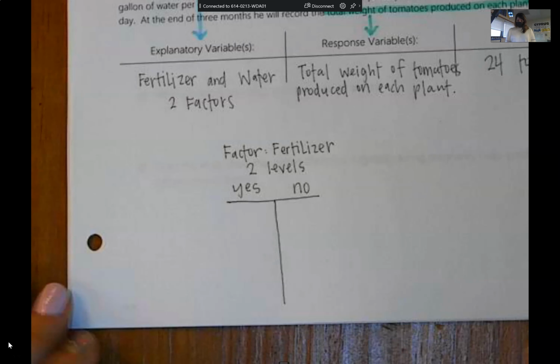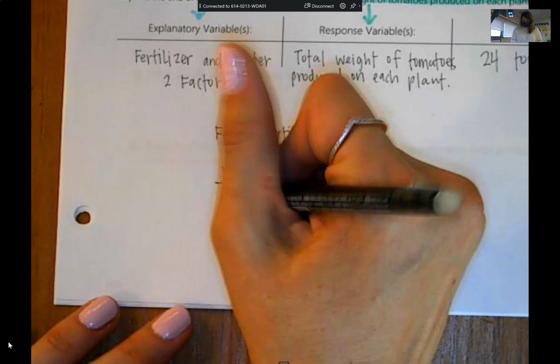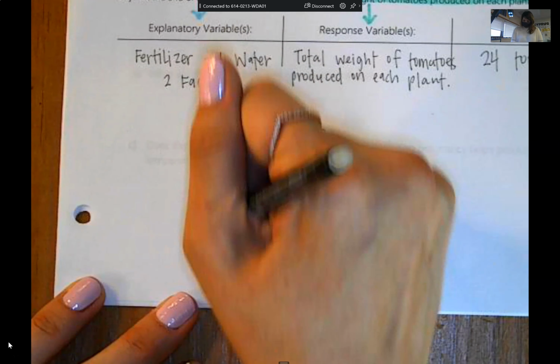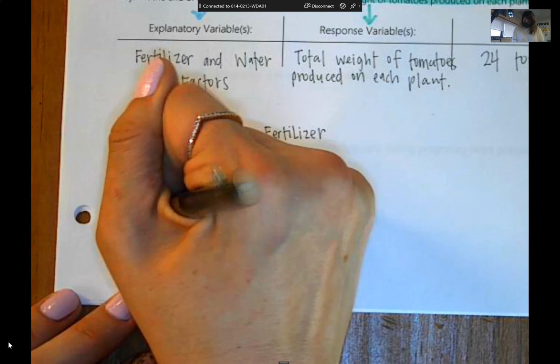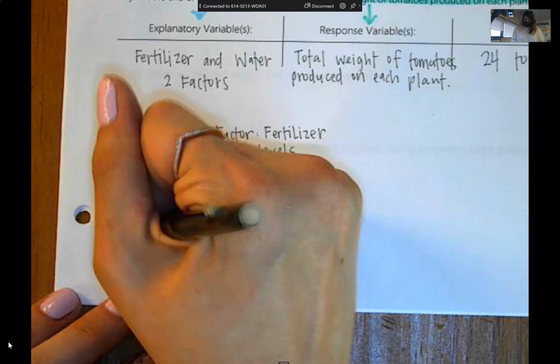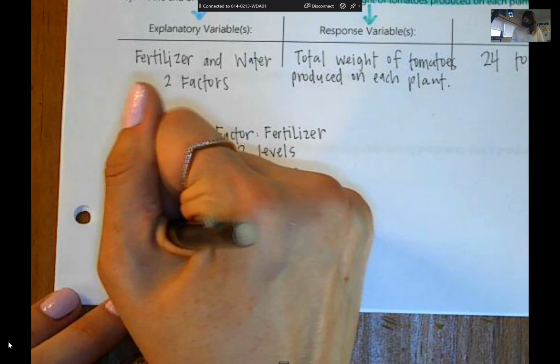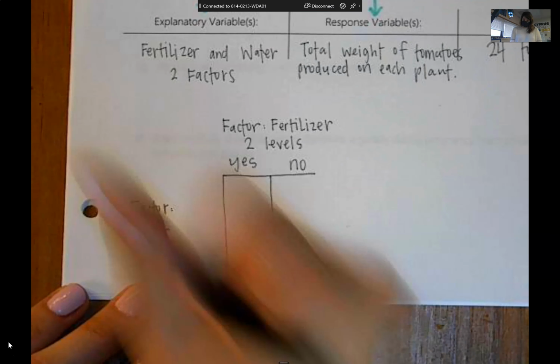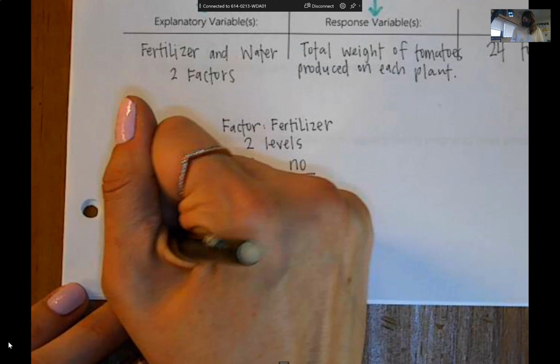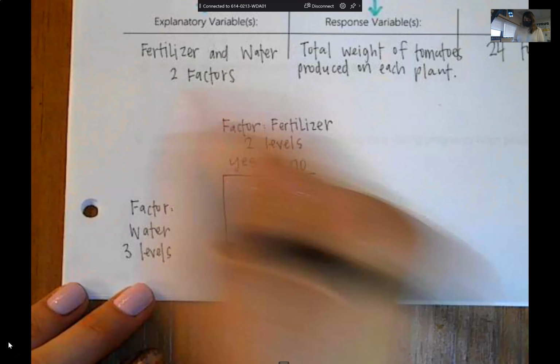My second factor, in fact, I'm wondering if I can just write it this way. My second factor is water. There were 3 levels of water.